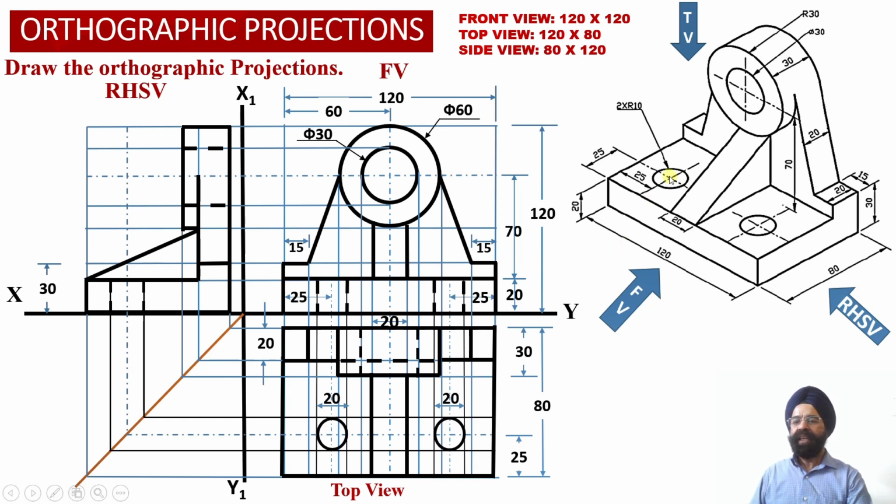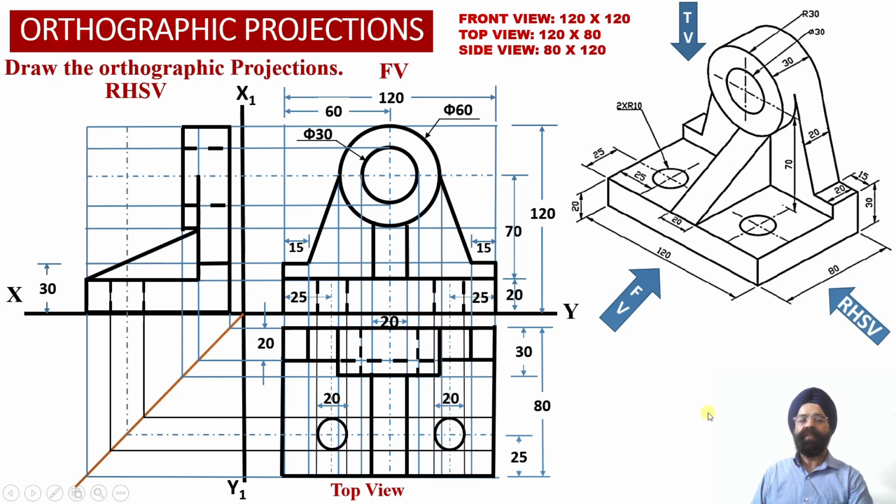And finally, these two circular holes will also not be visible from the right hand side view over here. So again, from the right hand side view projections, we are going to obtain dotted line projections corresponding to this circular hole represented in the right hand side view.